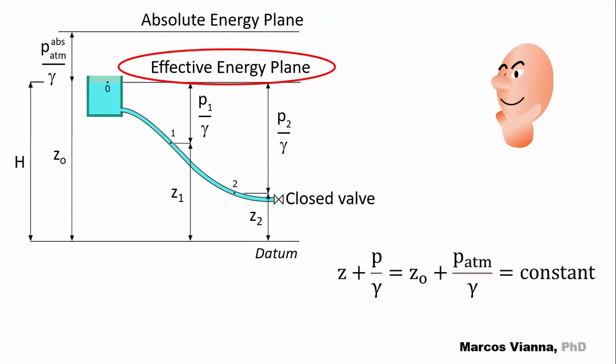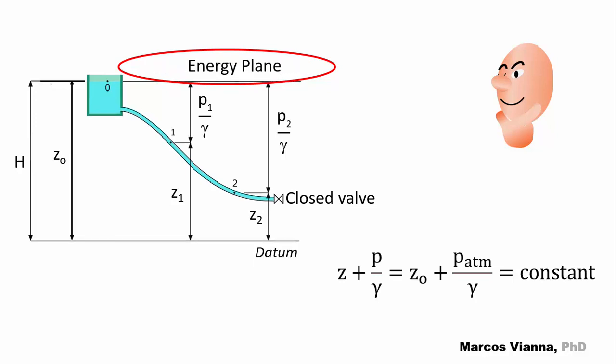As the height P atmosphere over gamma is the same for the entire system, we seldom account for its existence and work with the plane named effective energy plane, or in short, with the energy plane.